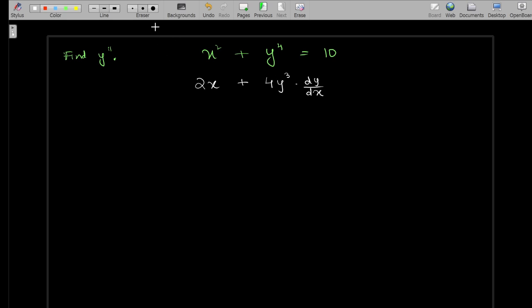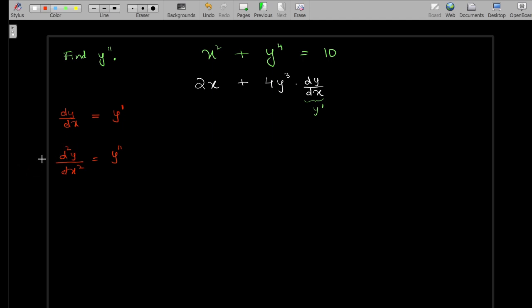And dy over dx can be also written as y prime. So these notations are exactly same. You should know this. Dy over dx is same as y prime. Both of these notations mean that we are differentiating y with respect to x, and y double prime means d2y over dx square.